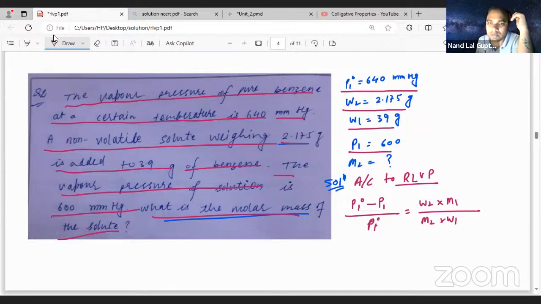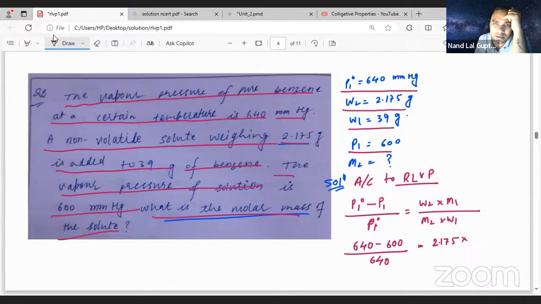So P1 naught is 640, minus 600, divided by 640, equals W2, which they have given as 2.175, times M1. M1 is the molar mass of benzene.